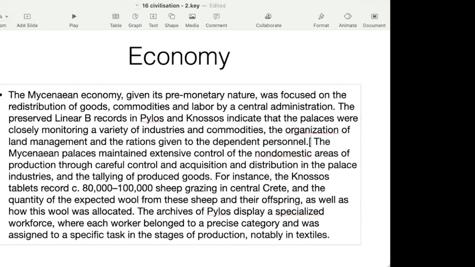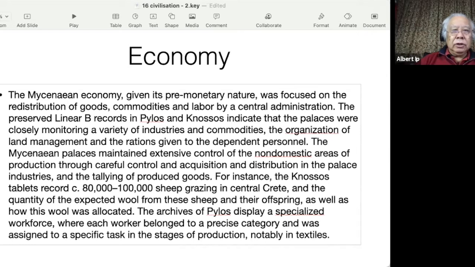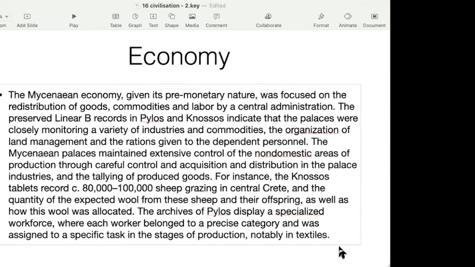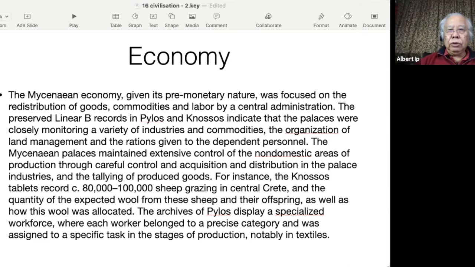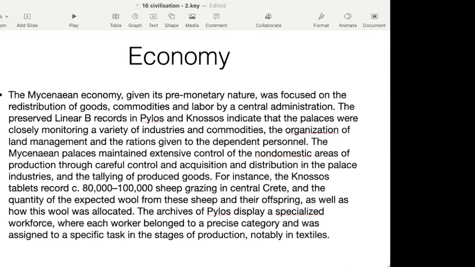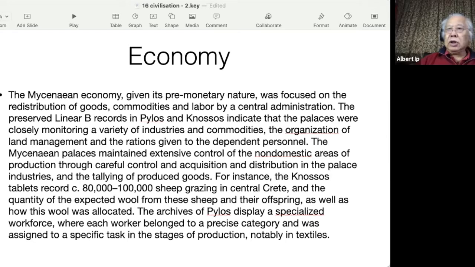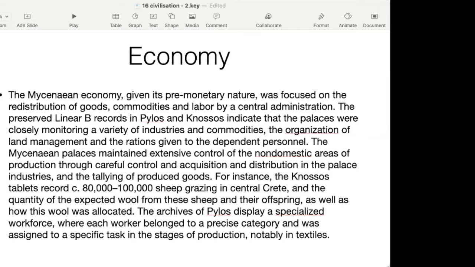The palace maintained very good records, and that's how we know that at that time they maintained extensive control of various domestic areas of production through careful control, acquisition, and distribution in the palace industry. So it is top-down management, very much like communists in today's terms. And again, as I said, we have examples of how many ships they have.